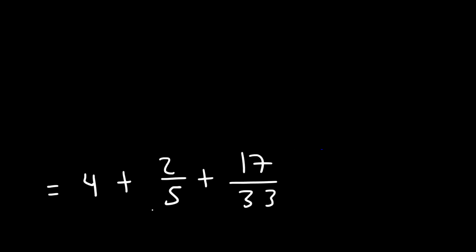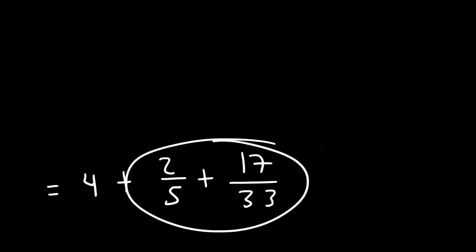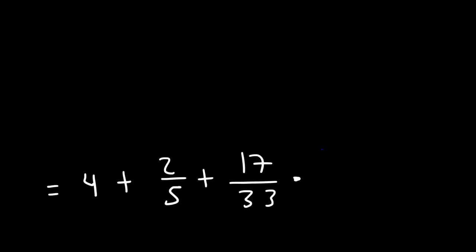So now I'm going to focus on adding these two fractions. Now I'm going to multiply this one by 5 over 5 and 2 over 5 by 33 over 33. So this will give me a common denominator because, as you can see, these two are the same.